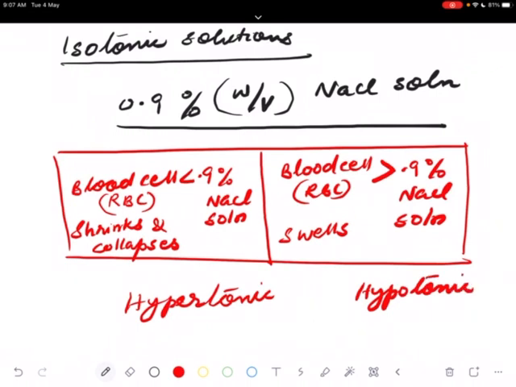A solution of lower osmotic pressure with respect to a more concentrated solution is called hypotonic solution. Thank you.